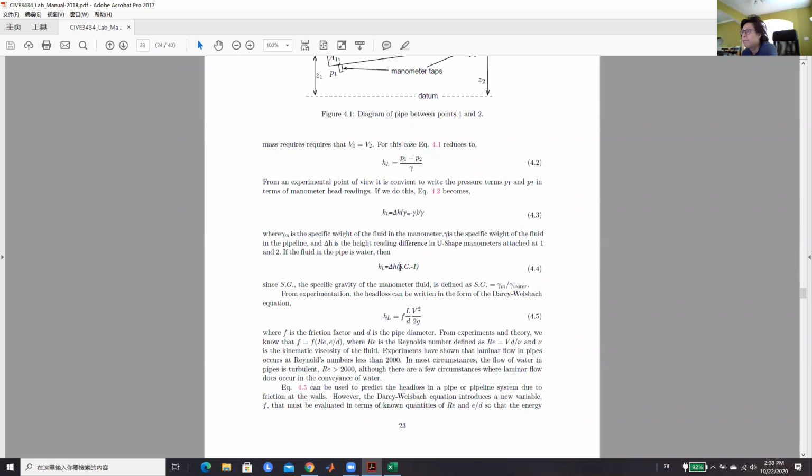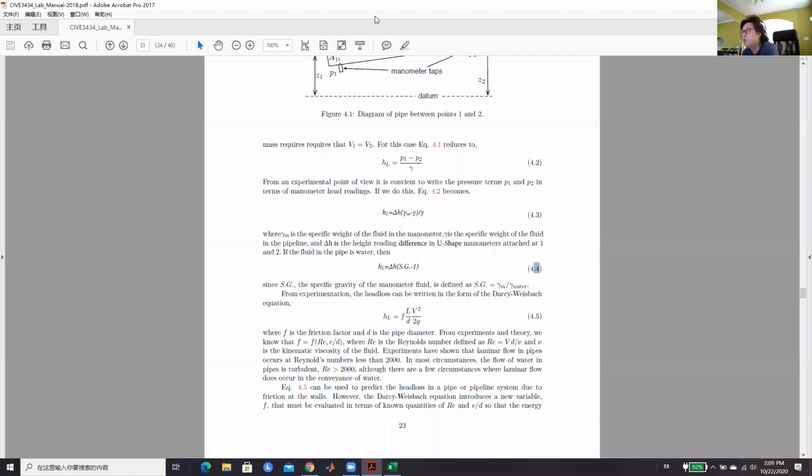Then, because we have gamma m minus gamma over gamma, this equation can be simplified to equation 4.4. Basically gamma m over gamma minus gamma over gamma becomes Sg minus 1, where Sg is the ratio between the two specific weights.